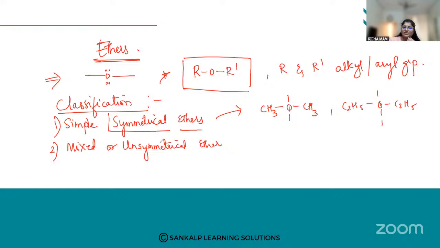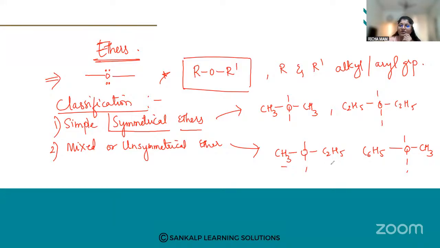Then we call it simple, or symmetrical ether. Now, what do you mean by unsymmetrical ether? By this example, you will come to know. So this is the example. Here you can see across the oxygen atom, this is different.